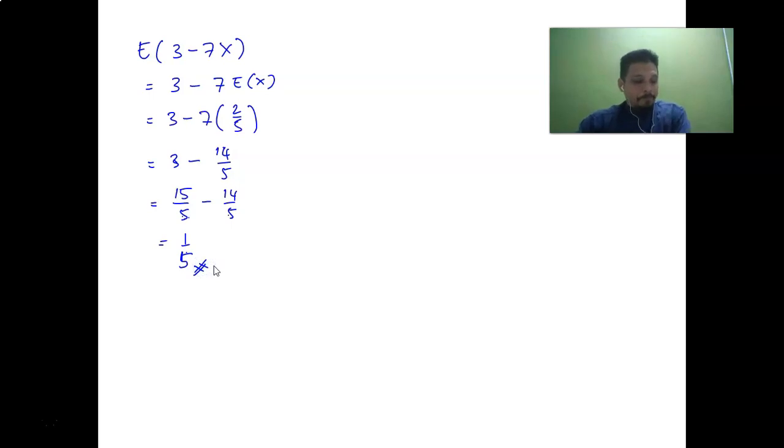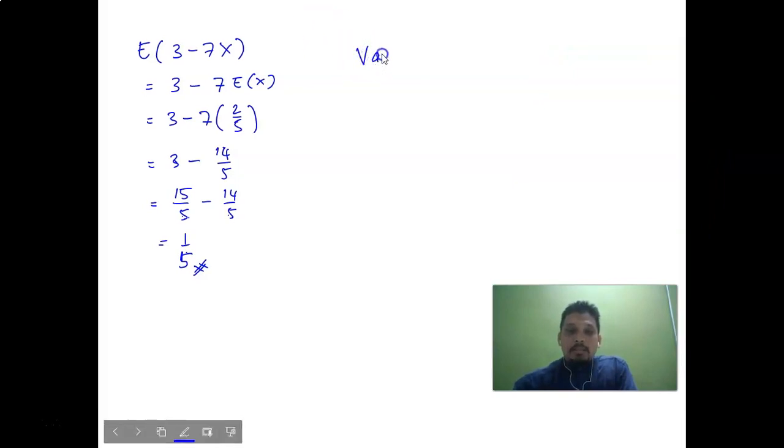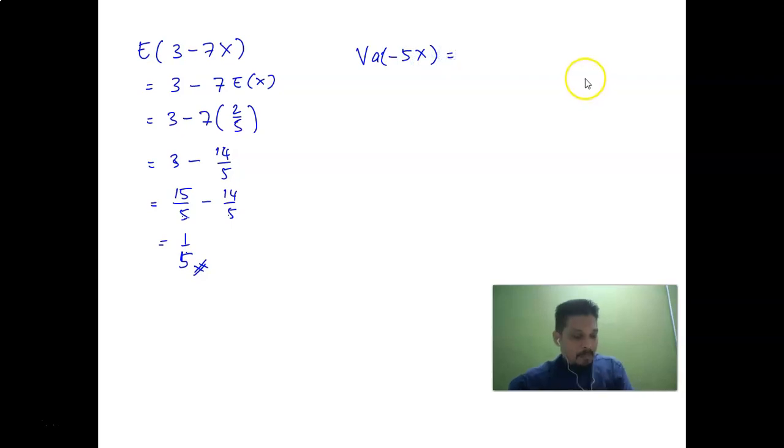And then next one here, variance of negative 5x.